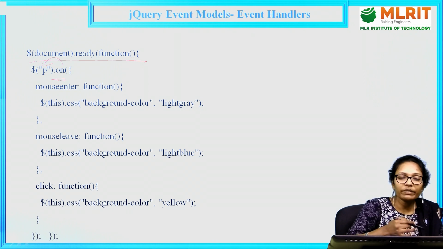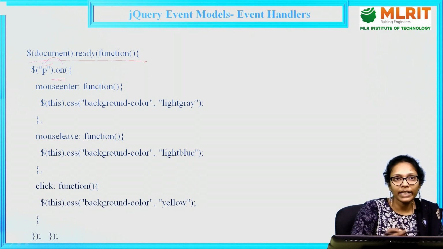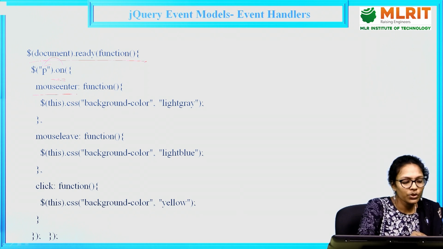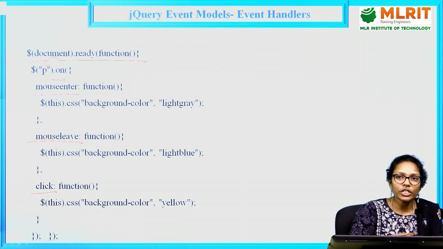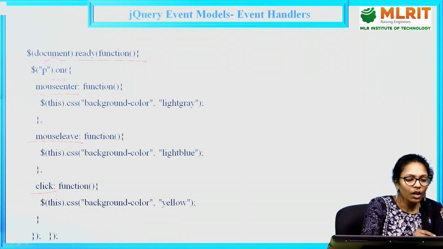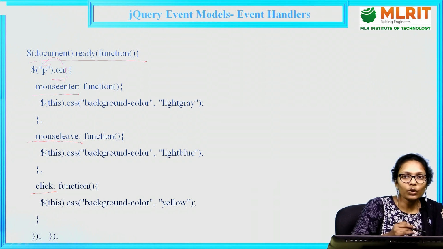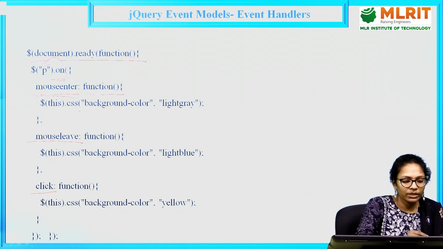What are the different events you are applying under this on? One is mouse enter, the other one is mouse leave, and the other one is click. So how to mention these multiple things? After on, just open the parenthesis and open the curly brace and list out all the events which you want to apply. The first one is mouse enter, colon, write the function for this. Mouse leave, colon, write the function for this. Click, colon, write the function for this.